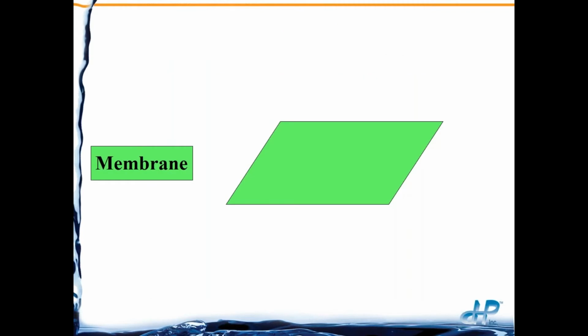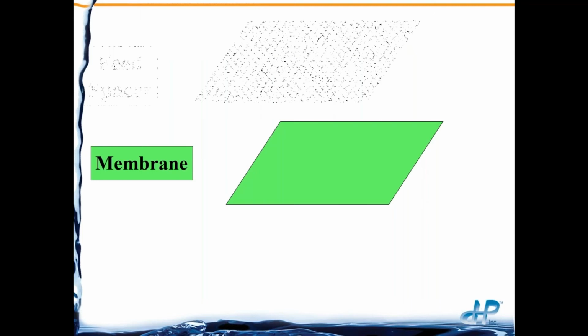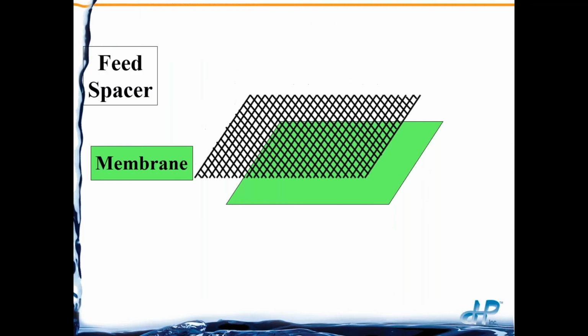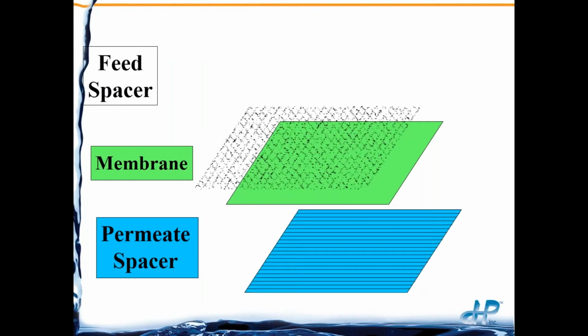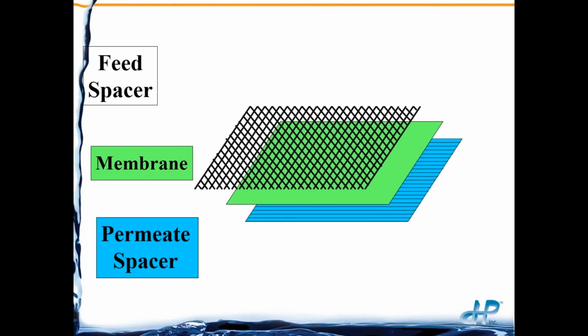So the three building blocks, again: we have our membrane, feed spacer on one side, the permeate spacer on the other, and then to make a full envelope, or leaf, what's known as a membrane envelope or leaf, we have another membrane on the other side, and then it's glued, sealed up all the way around to make an envelope so that we can keep that feed water from coming in contact with the permeate.